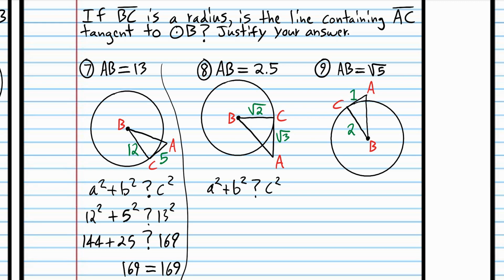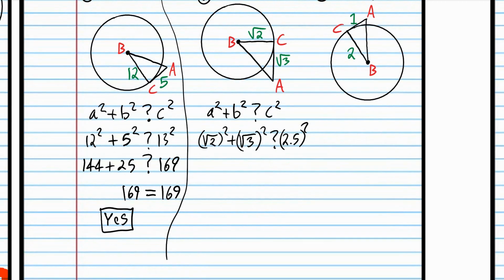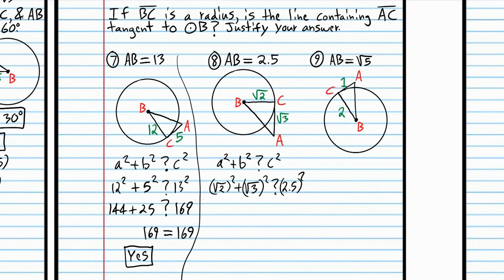And A is going to be root 2. B is root 3. And C is 2.5. So when you square a root, remember, it just gets rid of the root.